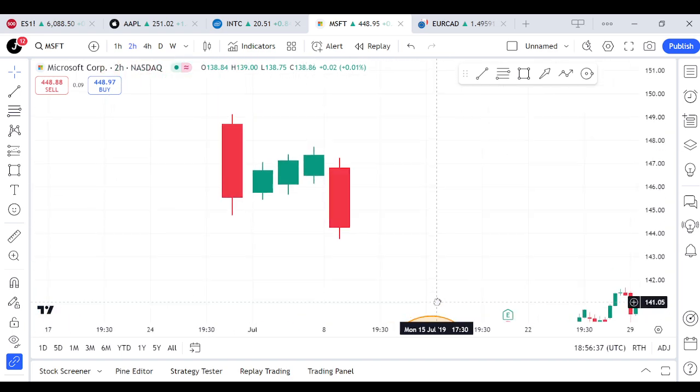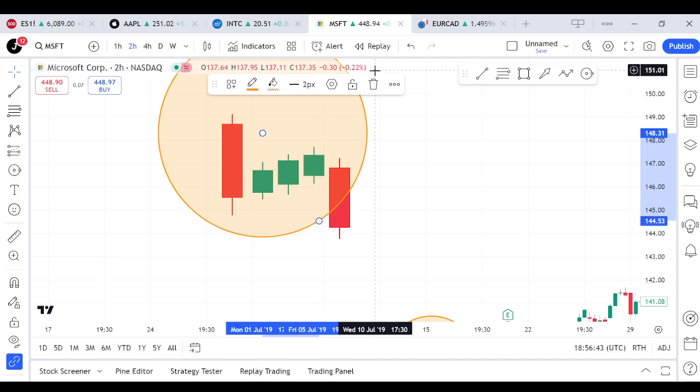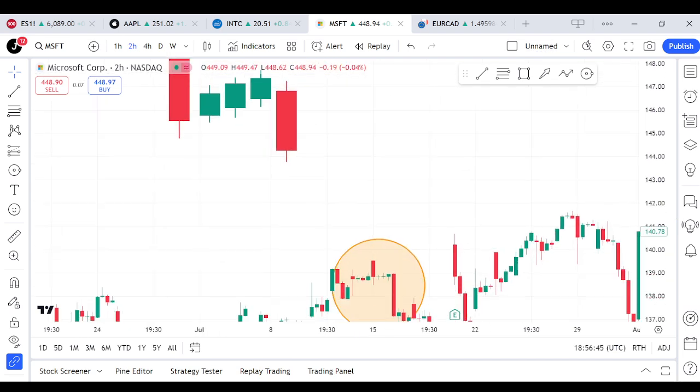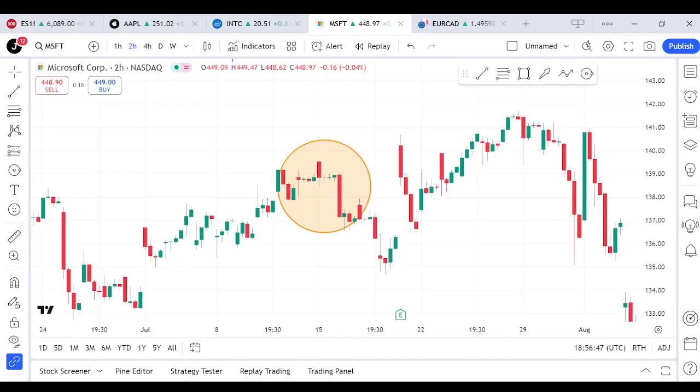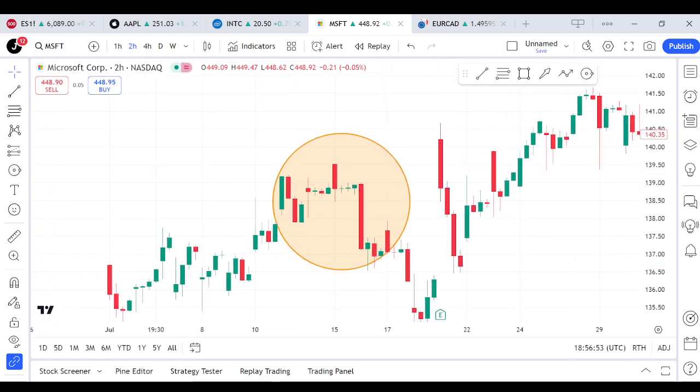You can see this is the pattern right here, and I'm just gonna hop on the charts and try to find this falling three candlestick pattern. And this is it right here. You can see this is the falling three candlestick pattern. We had this bearish candle showing us maximum selling pressure in the market.